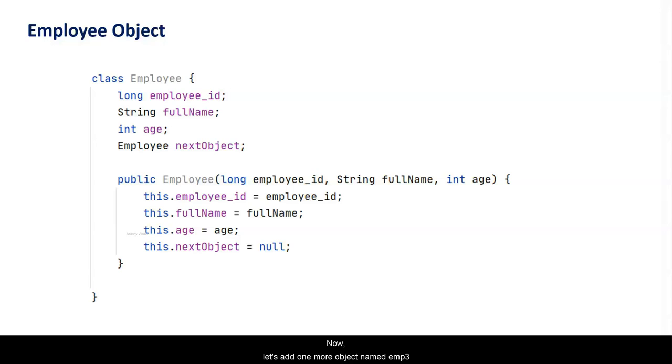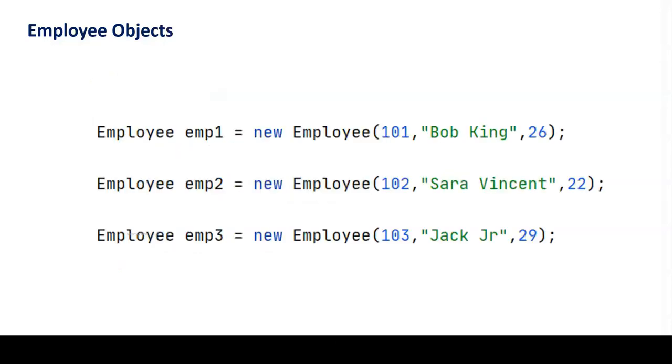Now let's add one more object named emp3. As you can see here, there is one more object added, which is emp3. Now how to make emp2 reference emp3? We already saw emp1 referencing emp2. Now how can we make emp2 reference emp3?